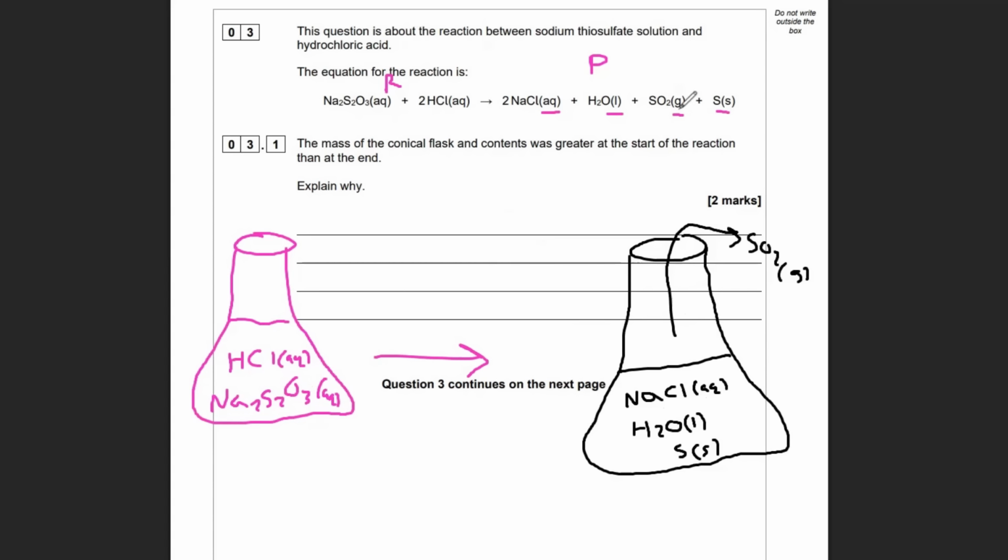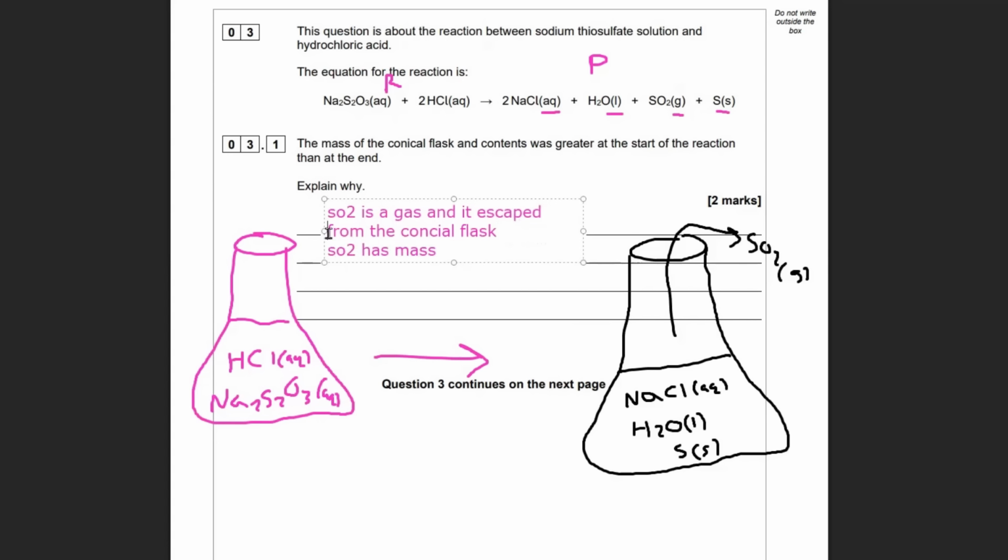Whenever you see they're checking on your knowledge of state symbols here, they're getting you to apply your knowledge. As that's a gas, it's escaped. Of course, if they put a bung in, it wouldn't have. So sulfur dioxide is a gas and it escaped from the conical flask. I'm not sure exactly what's on the mark scheme, so I'm also going to say sulfur dioxide has mass.